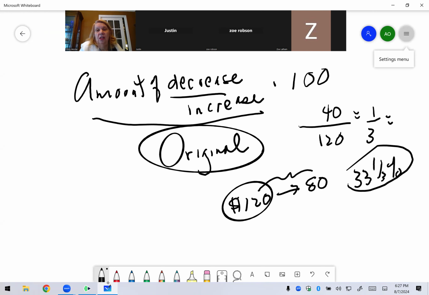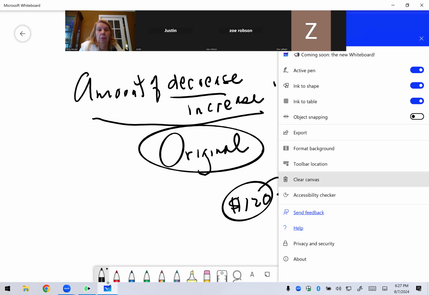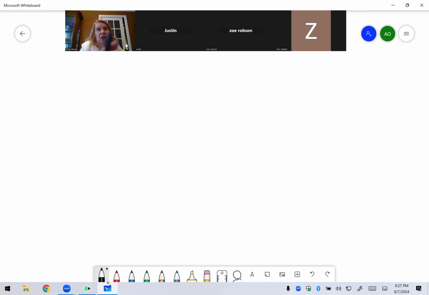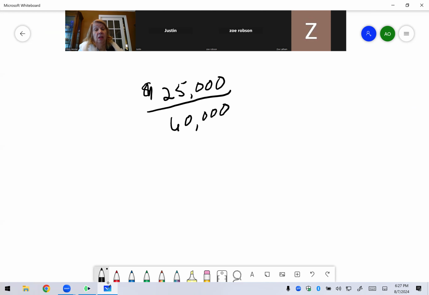Okay, we'll do one for Justin. So let's say Justin smiles at a girl on a college campus, and next thing he knows, he's married and he has 6 kids. And she says, you have to go out and get a bigger van, dear. So let's say the van last year was 25,000. It went up to, let's say, 60,000, big increase.